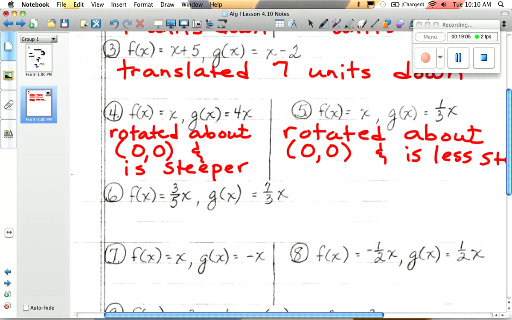Okay. Why don't you try the next one on your own? What transformation or transformations happened for number 6?